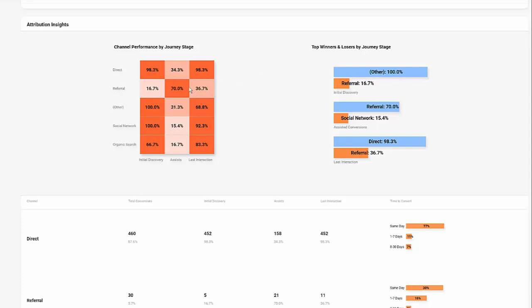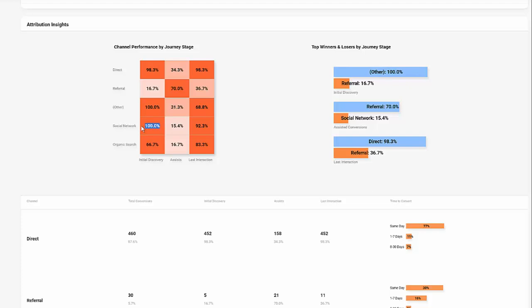So what this shows us is the percentage of conversions that are caused by a channel at each journey stage. Okay, so with social network, for instance, 100% of the conversions that are impacted by social networks were also a case where the user initially discovered Zag on a social network.